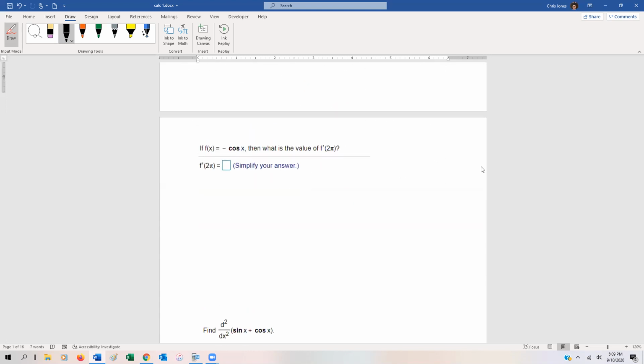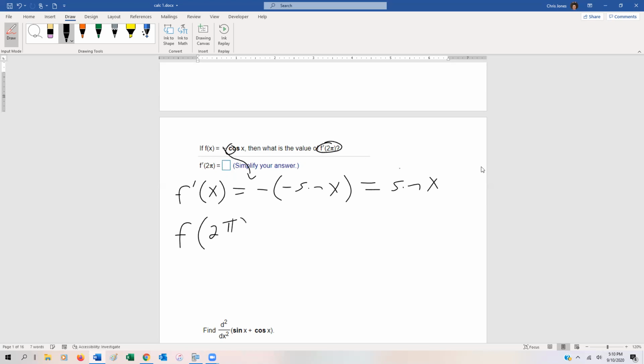A really basic example to start. If a function is equal to negative cosine of x, what is the slope at 2 pi? Or in other words, what is f prime at 2 pi? So what we're going to do first is find the derivative of cosine of x. I'm just going to copy down the negative, and remember that because it begins with C, the derivative is negative, and the derivative of cosine is negative sine x, so in other words, that's just positive sine of x. Now what happens when we plug in 2 pi into the derivative?